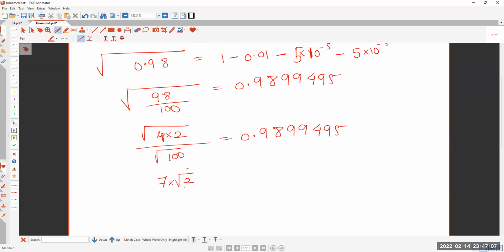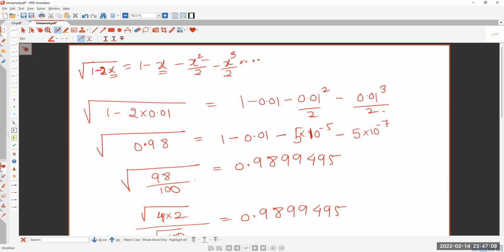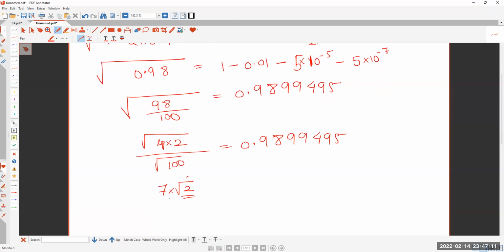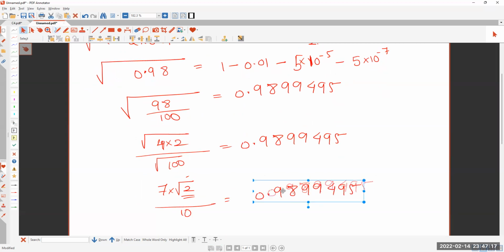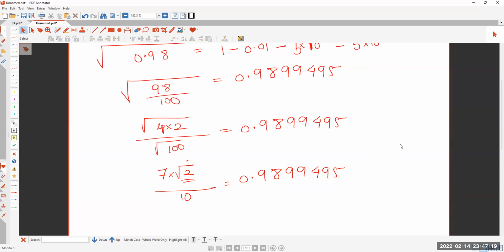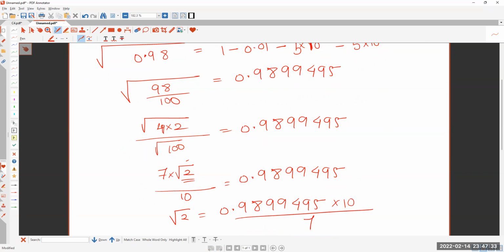So 7 into root 2, which I got because they told us to find the exact value of root 2 in our question, divided by root of 100 which is 10. Now we will cross multiply and divide by 7. So root 2 is equal to this value multiplied by 10 divided by 7.